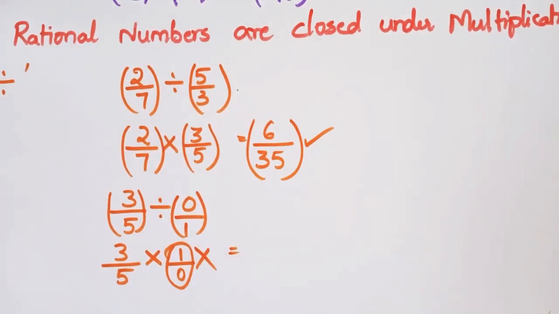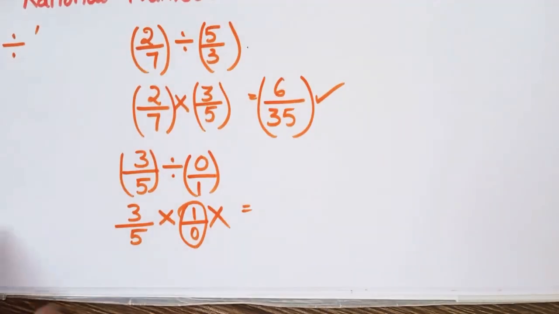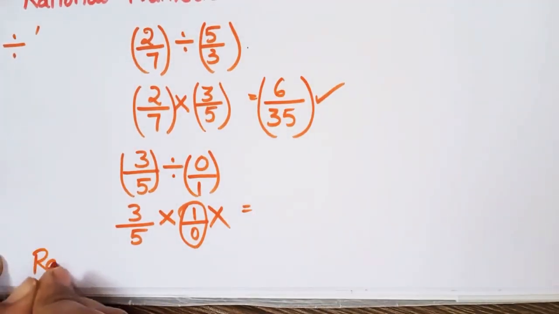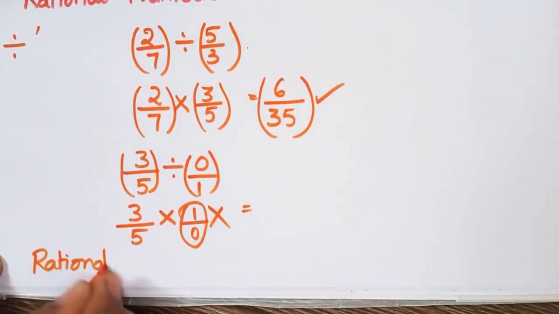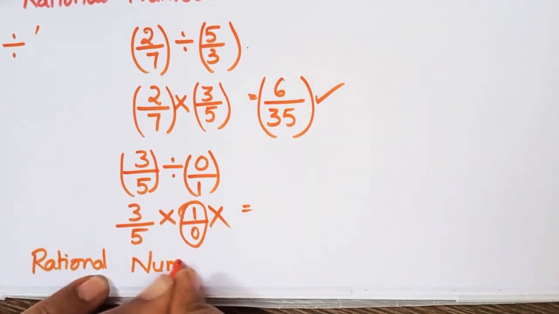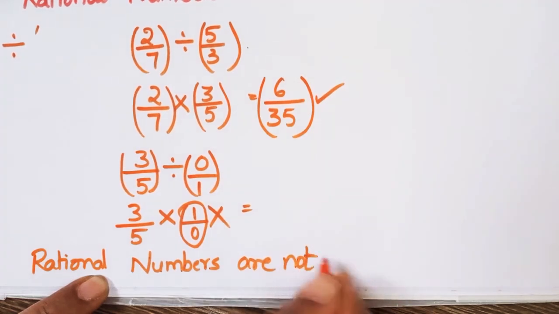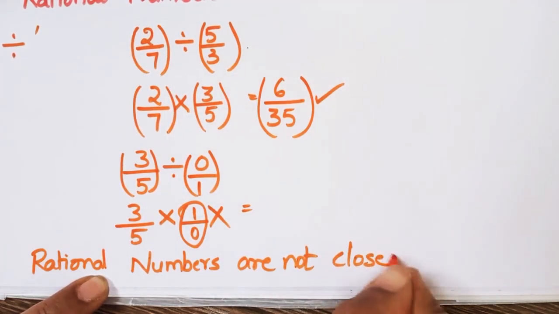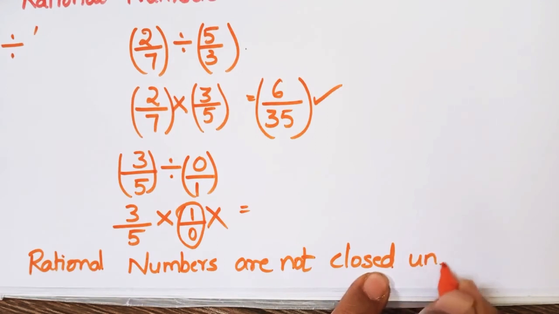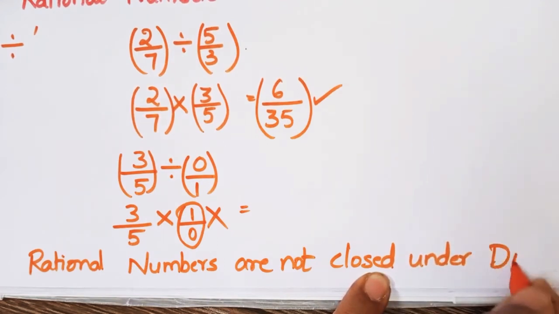So therefore you must agree that rational numbers are not closed under division. Understood?